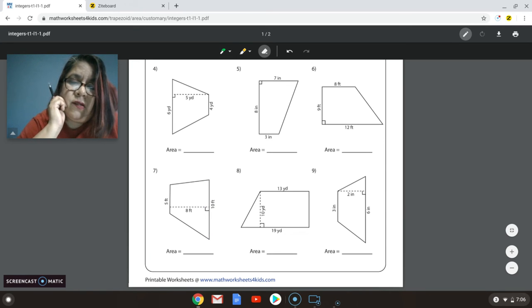Great. So what is my formula for area of a trapezoid?